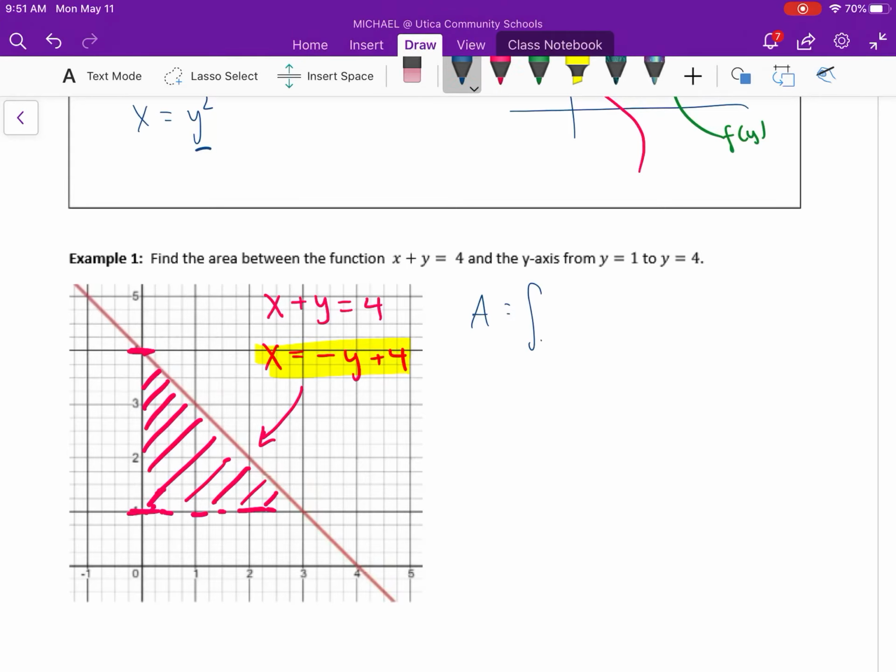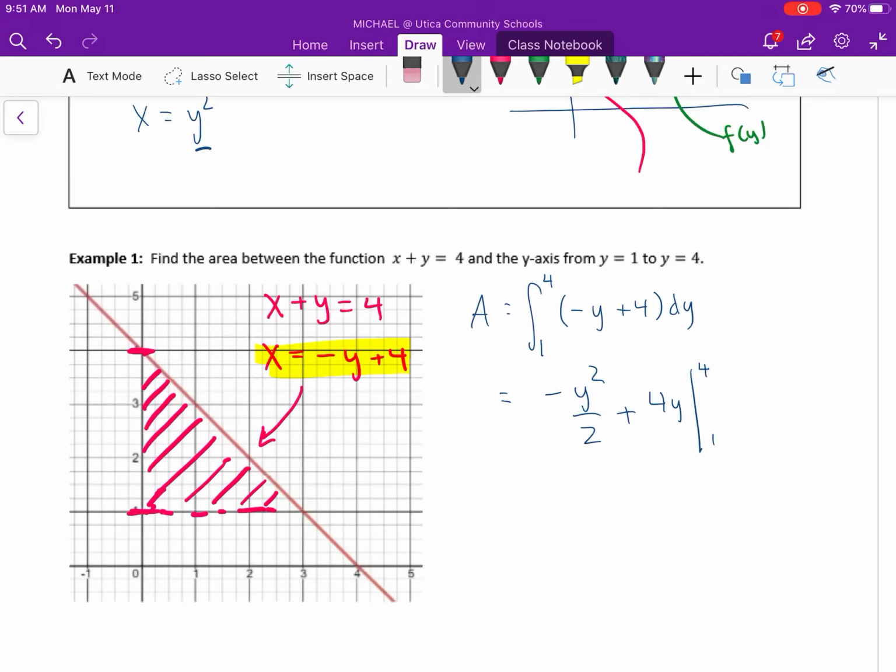So the integral we're going to take to find that area goes from 1 to 4 of negative y plus 4 dy. The integral works the exact same way. The integral of negative y is negative y squared over 2. The integral of 4 is 4y. We're going to evaluate that from 1 to 4.